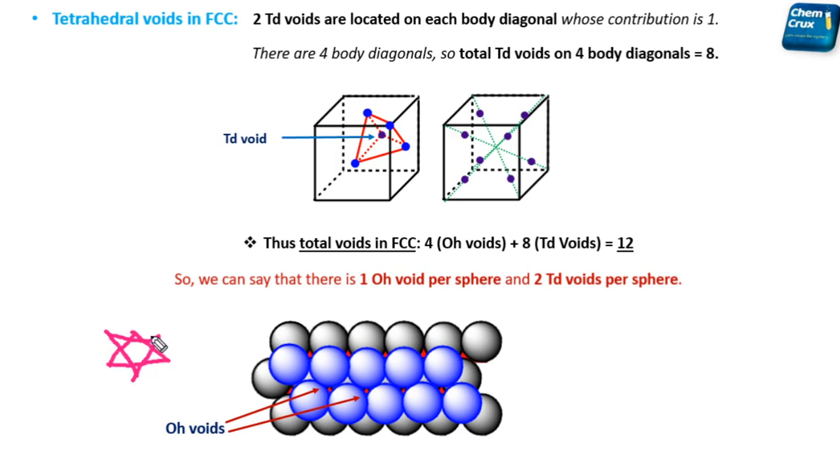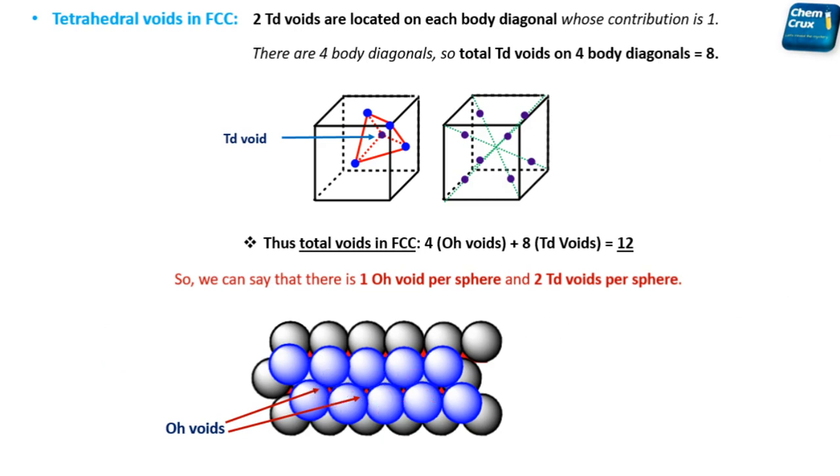Then at the center an octahedral void is formed. Now if you look carefully, the orientation of these three spheres is like this, and the orientation of the spheres of the first layer is like this. So we can say at the center the octahedral void is formed, right?